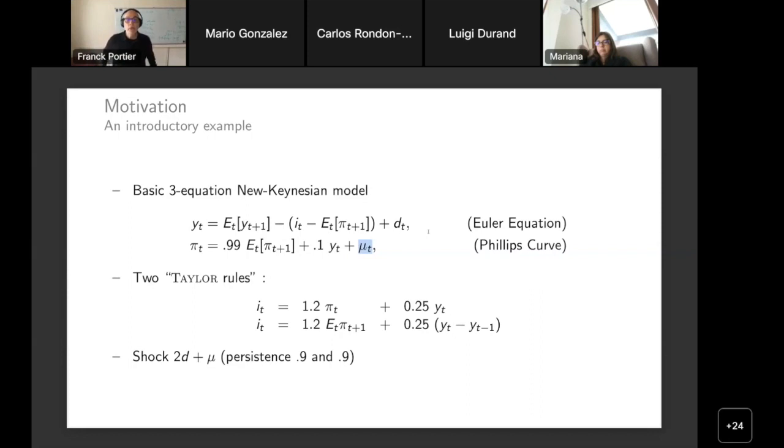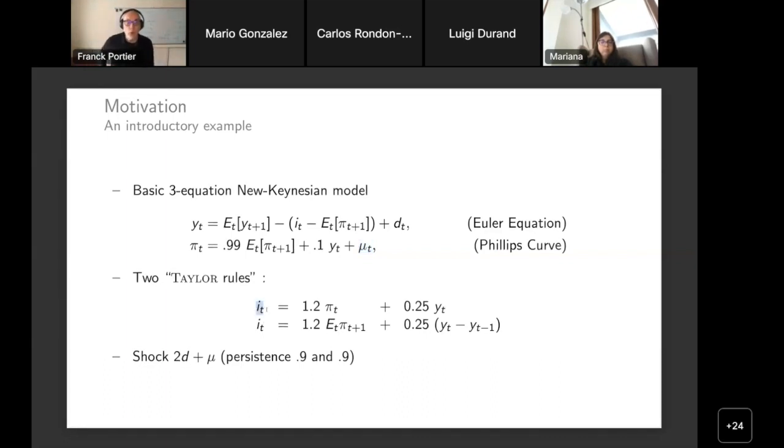And then, the third equation that is needed to solve this model is some policy rule. And what we do typically in the literature is to have a Taylor rule, which is a relation that maps some observables, typically inflation and output, into a policy decision, which is the nominal interest rate.